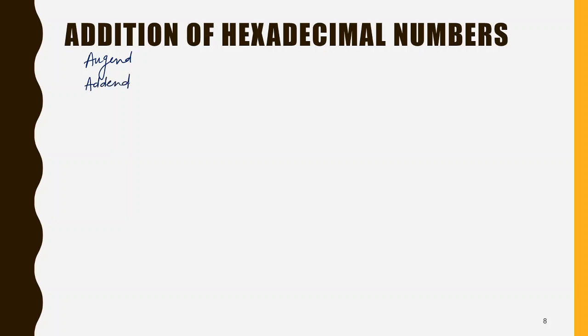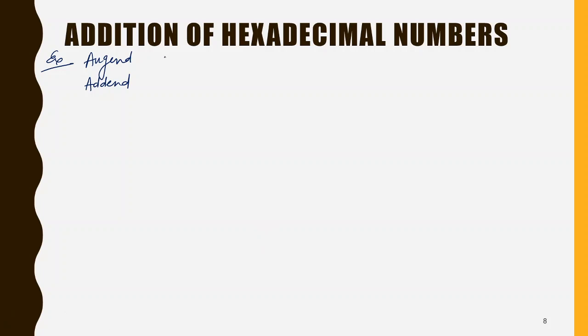Yes, augends are the numbers to which some other number is added, and addends are the numbers which are added to the augends. Okay, so I will take one example more.